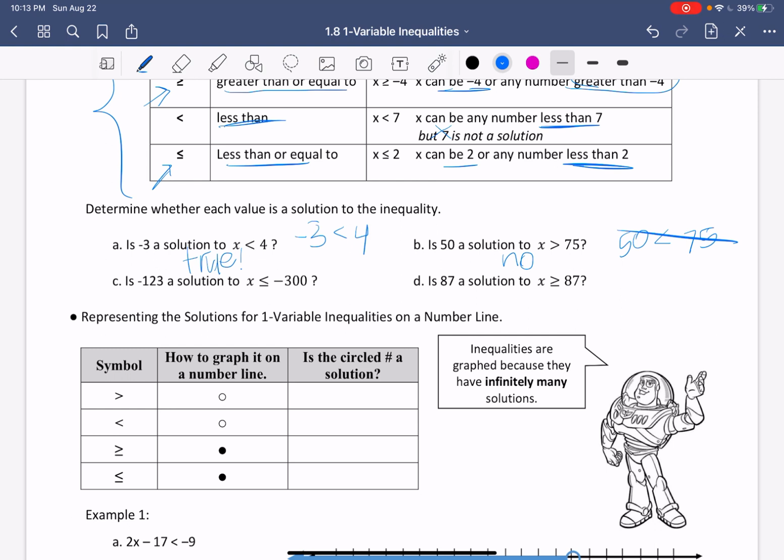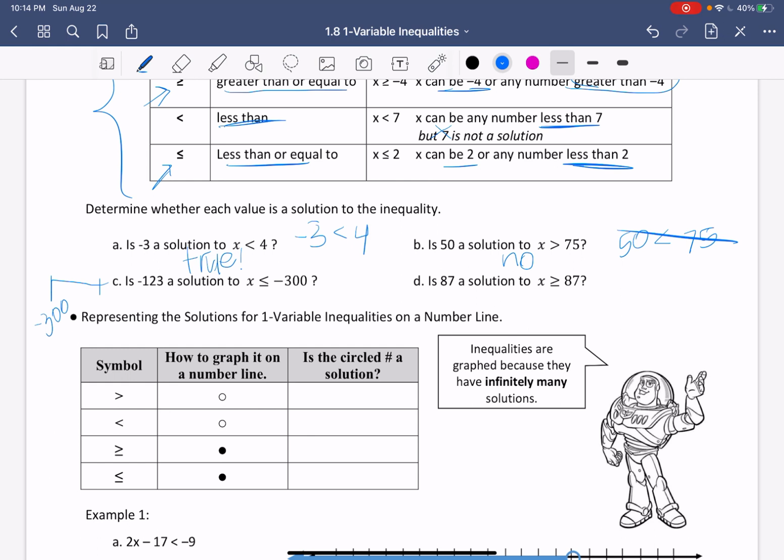Looking at C, is negative 123 a solution to x is less than or equal to negative 300? I know that negatives can be confusing, but remember, just picture the number line in your head. So negative 123 is going to be somewhere right here, and then further down, we'll have negative 300.